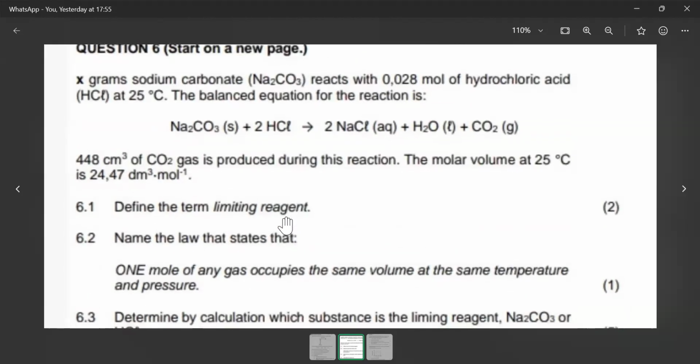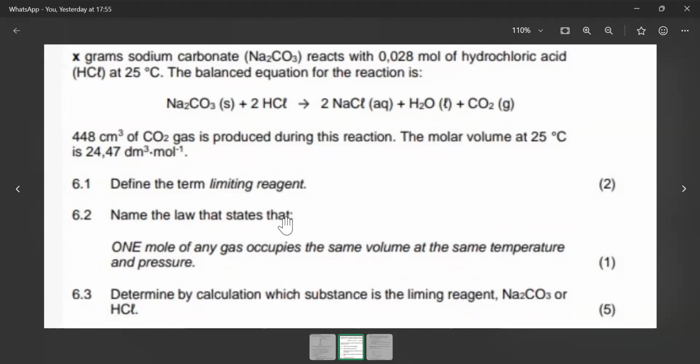But in this case, the pattern has been changed. Do you see that? Why? Because they didn't give you any information about sodium carbonate that will enable you to find its moles. No, they didn't. Not at all.